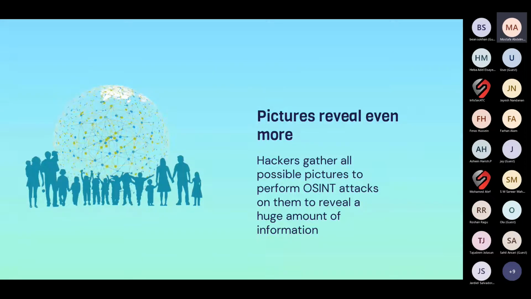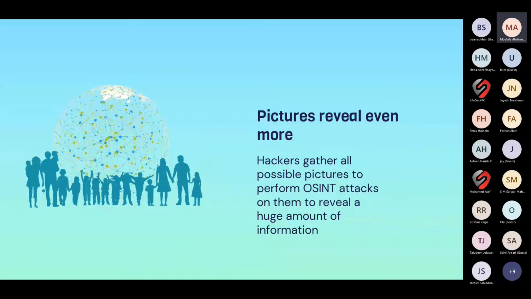All of that is used by hackers to get more information about you, and that is mainly a vulnerability or misconfiguration on Instagram that hackers tend to exploit. So be aware of the pictures you upload on Instagram.